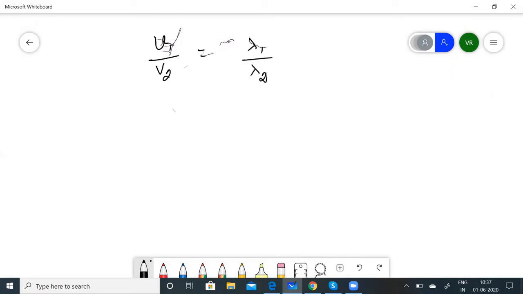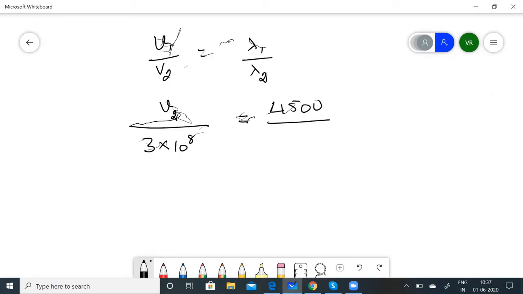So v2 by v1. It is now going to be light, right? So velocity of light can be taken as v1. So v2 by 3 into 10 to the power of 8 is equal to, we can take this 4,500 divided by 6,000. The wavelengths are given. So when you simplify, 2 it gets cancelled.